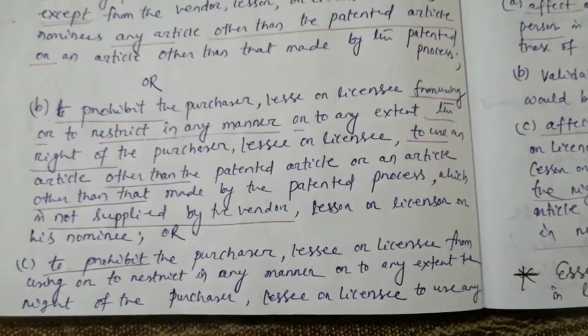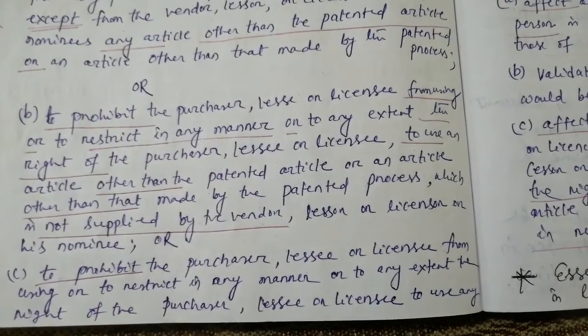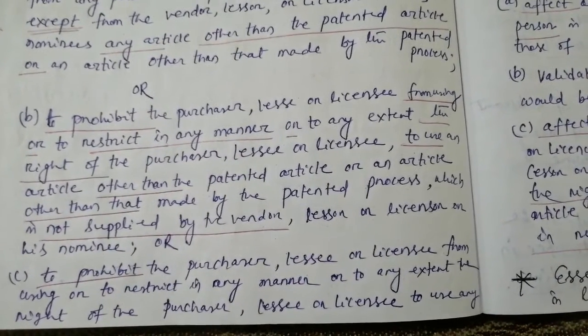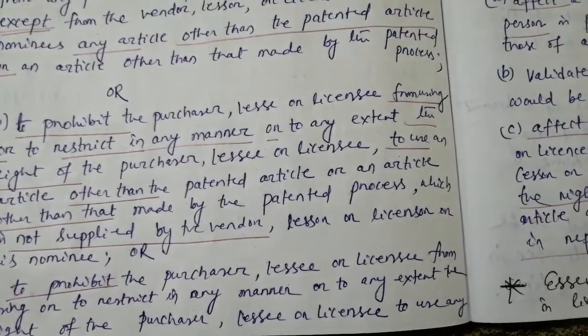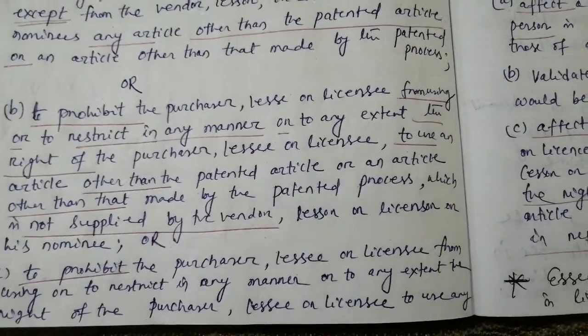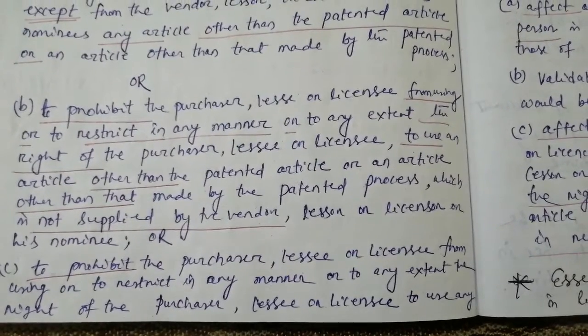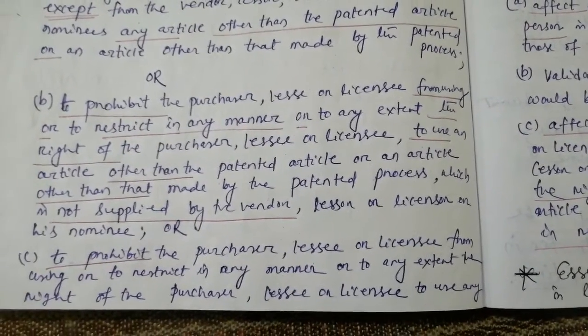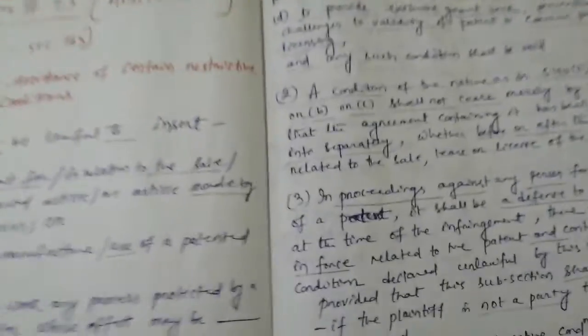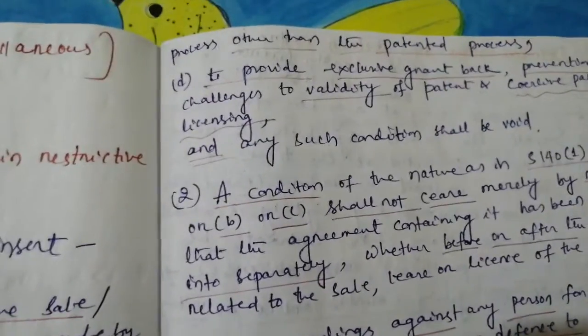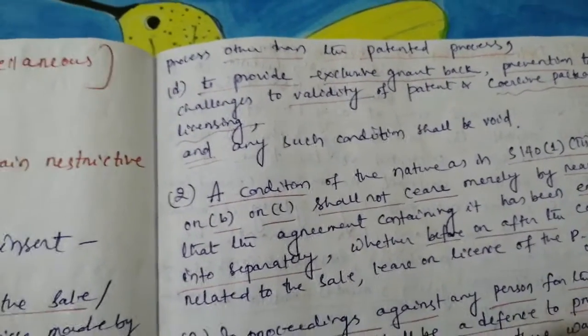Or C, to prohibit the purchaser, lessee or licensee from using, or to restrict in any manner or to any extent the right of the purchaser, lessee or licensee to use, any process other than the patented process.